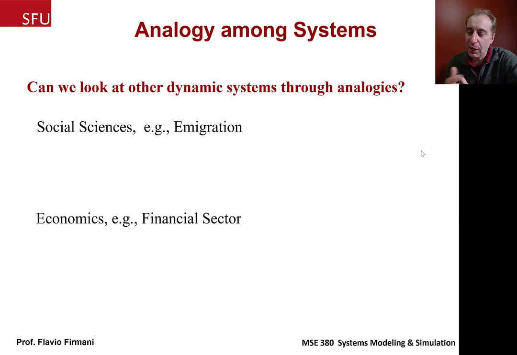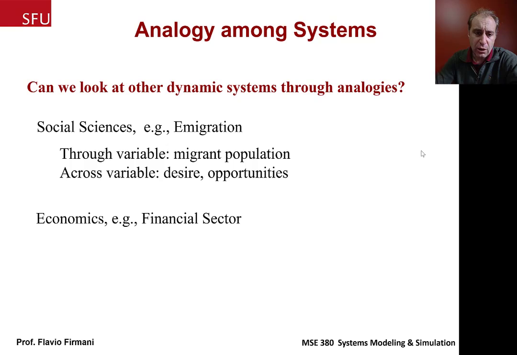I don't want to get political, but immigration can be a problem, especially for people moving from other countries. So if we were considering the through and across variable, well, the migrant population, the people are not going to change, it is going to be the same.